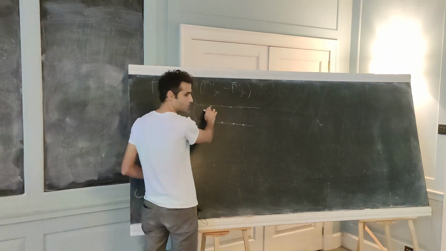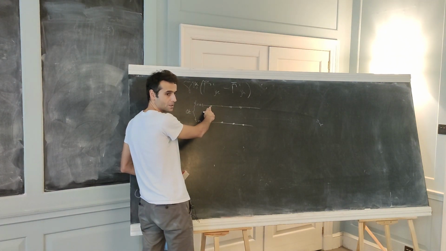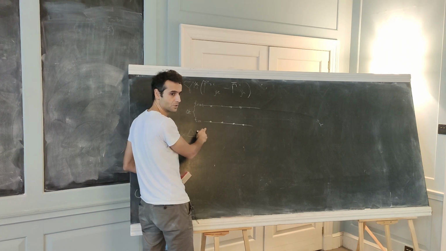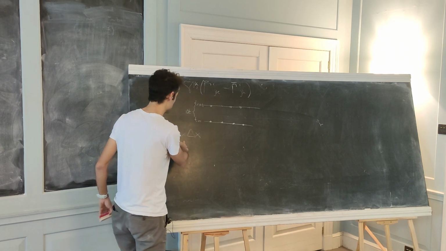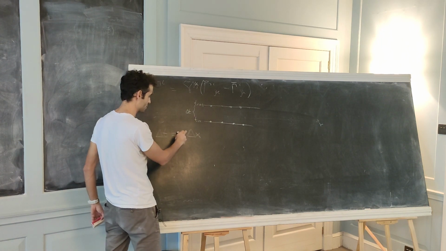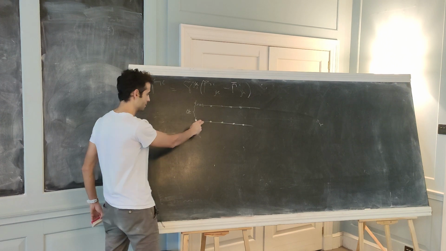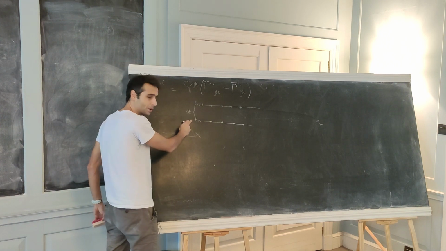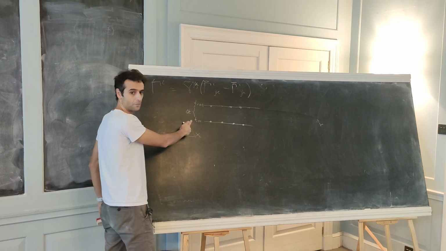You want the solution at this level to be causally connected to the solution at this level, right? If the time step is too large, then this level will not be causally connected to this level. And if you have that, then you cannot possibly have convergence.